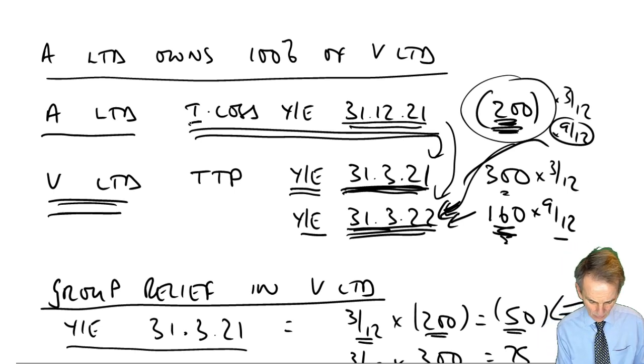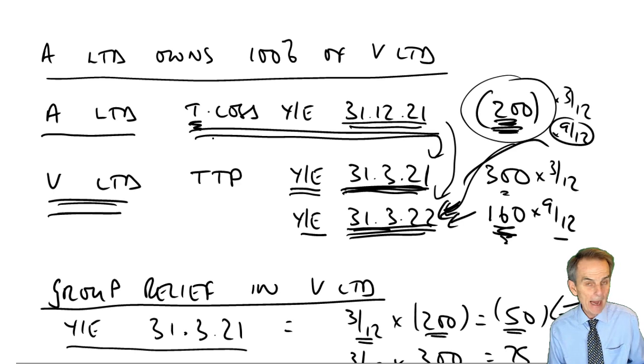I gave you the trading loss. There may have been still a TTP for the company for the period. It may still have had other sources of income, interest income, property income. It may have had capital gains, all of which would form a TTP for that period. And therefore, we can claim in our current period.